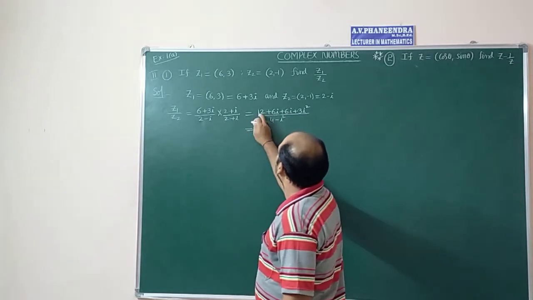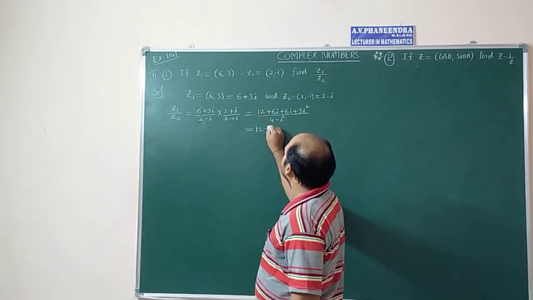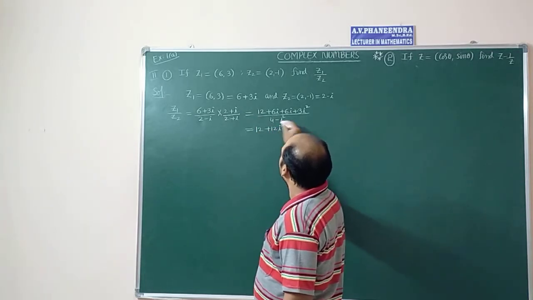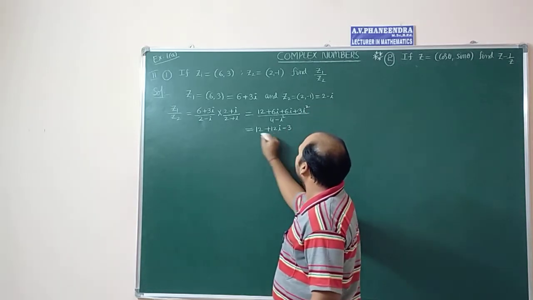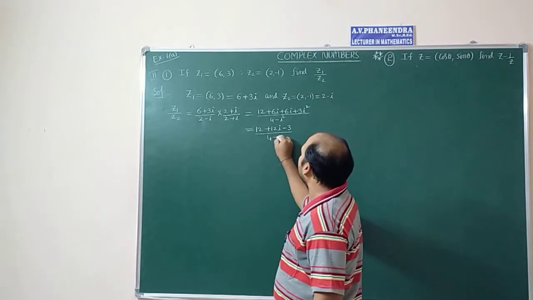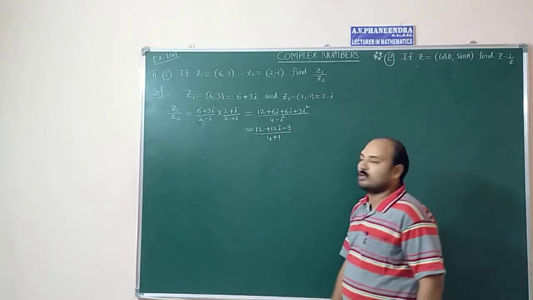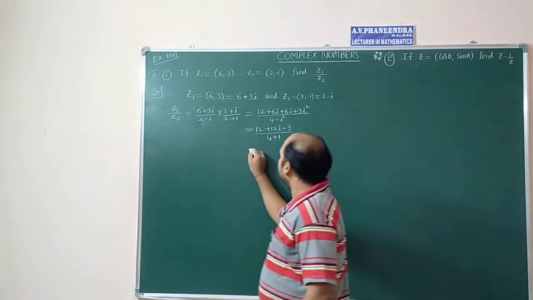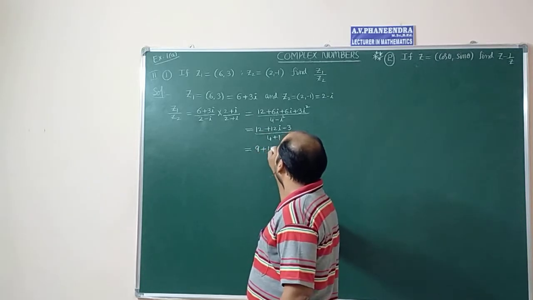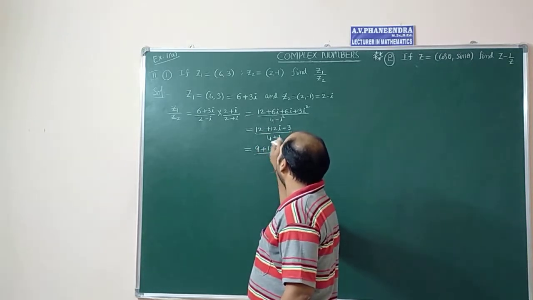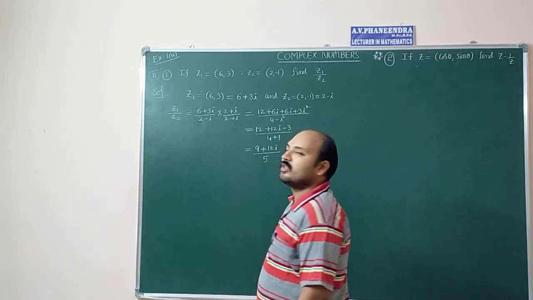Which is equal to 12, 6I plus 6I, 12I, I square value is minus 1, 3 into minus 1, minus 3, divided by 4, I square value is minus 1, minus of minus 1 plus 1. So which is equal to 12 minus 3 is 9 plus 12I divided by 4 plus 1 is 5.